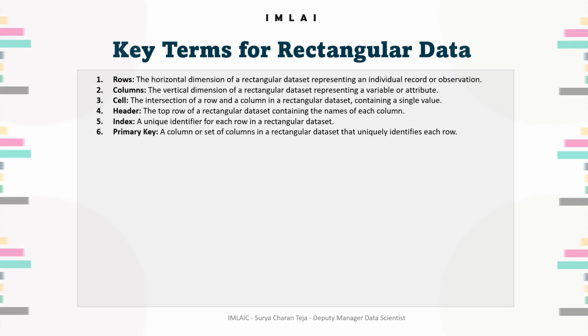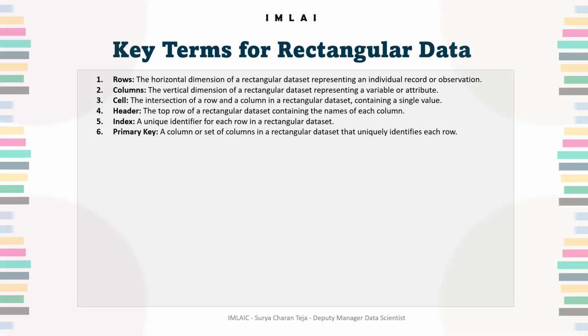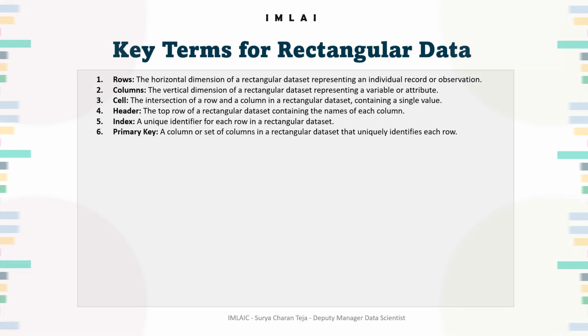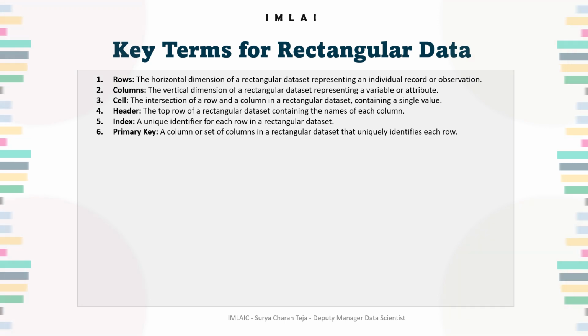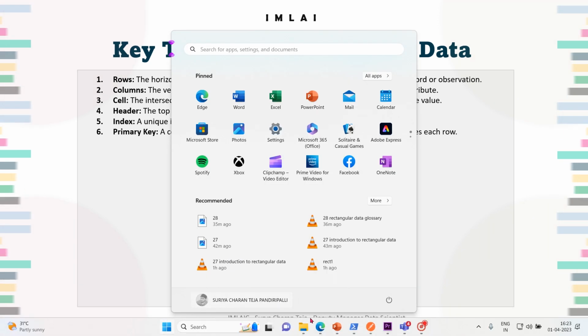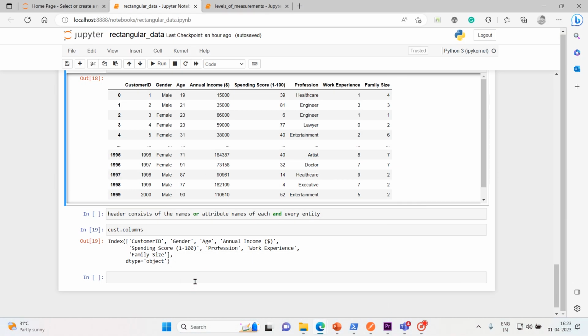Then we have the primary key. A primary key is a column or a set of columns in a rectangular data set that uniquely identifies each row. A primary key is a unique key.